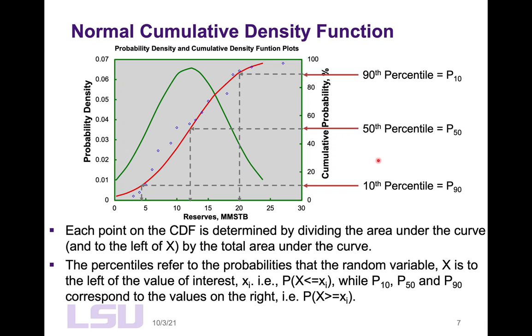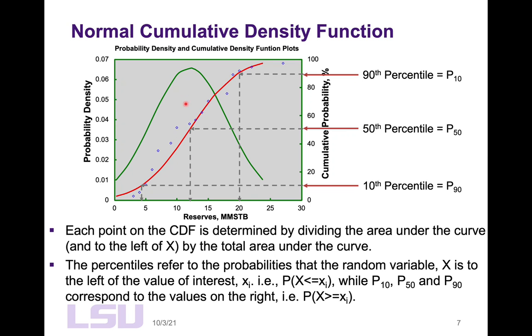So for the percentiles, you're looking at the probability that the random variable is less than or equal to an xi. What is an xi? Any value on the x-axis. So xi could correspond to 12, which is the 50th percentile. So you're looking at the probability that the reserves is 12 or less for the 50th percentile, right?